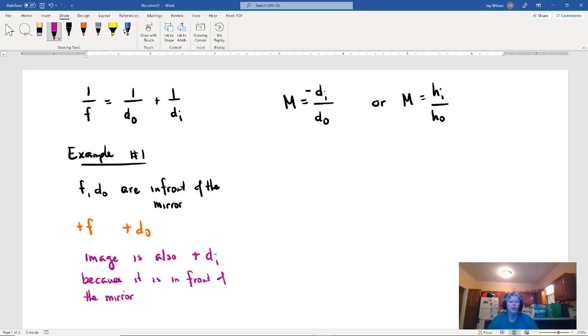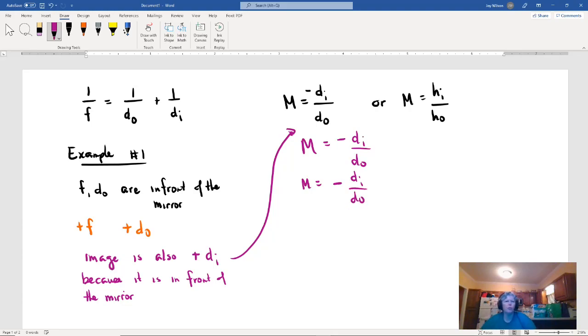And I'm going to show you an example of this here in just a second. The magnification, though, will have a negative di over do. So the magnification will be a negative number. Okay? It's a negative number.